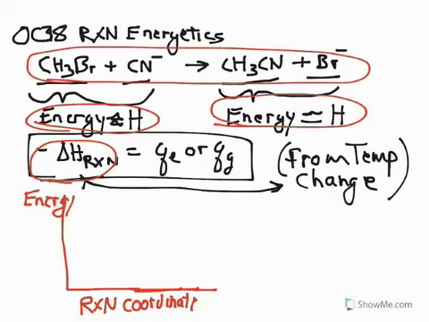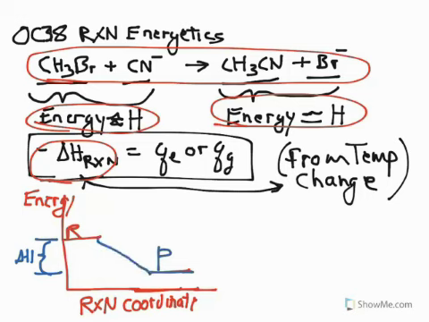So I can either have reactants here, which I'll shortcut as an R, or I can have products down here, in blue. And my delta H of reaction would be this distance. That would be an example of an exothermic reaction because energy was given off during the reaction. I went from here and I went down.